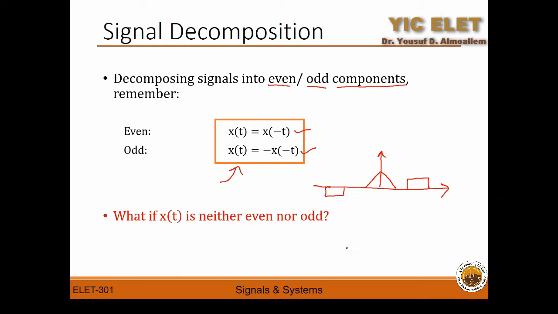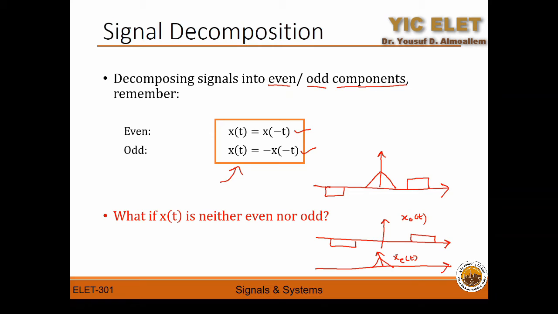let's consider this signal and we can easily figure out that this part is odd. So this is the x odd part of t, and this is the x even part of t.